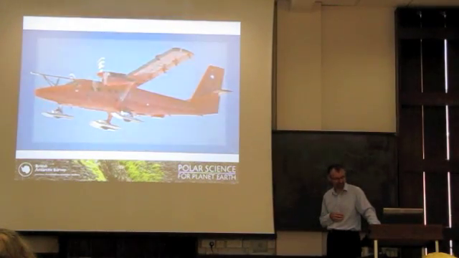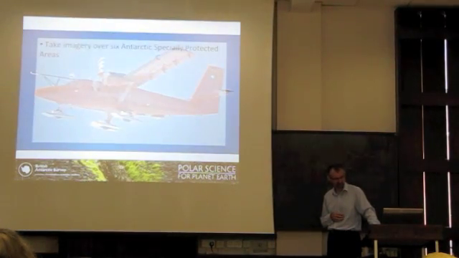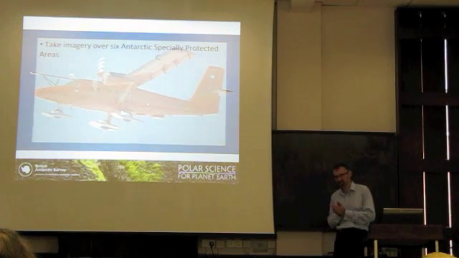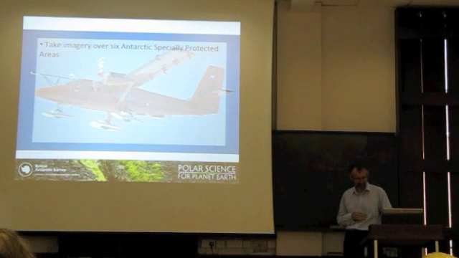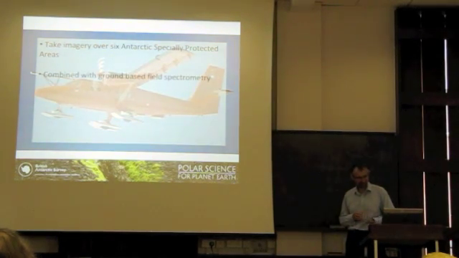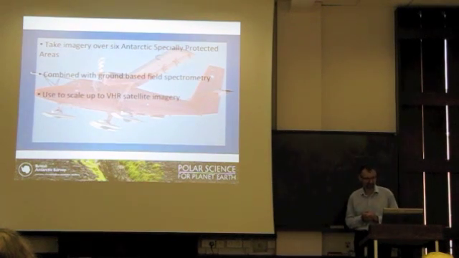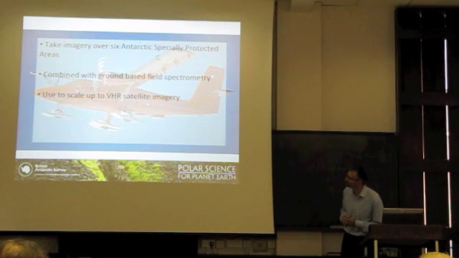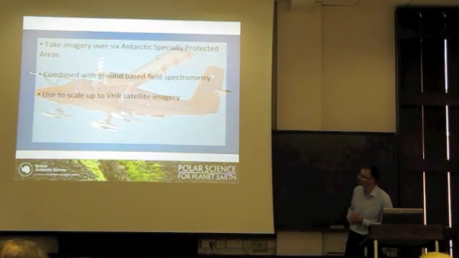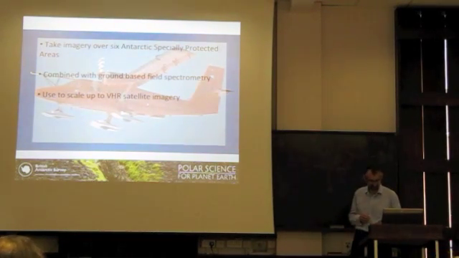Using our BAS Twin Otters to do this, we've got a plan to fly over the Antarctic Specially Protected Areas around Rothera, 6 of them, to try and map the vegetation. We're not entirely sure how well or what we'll be able to see, so this is really something we'll have to look into and see exactly what it will show us. But we hope to at least map vegetation type and extent.